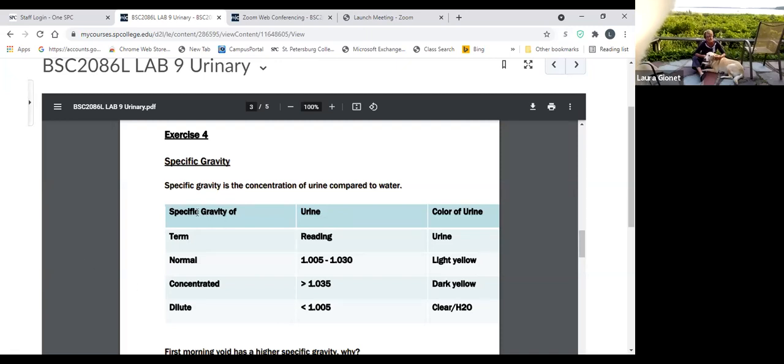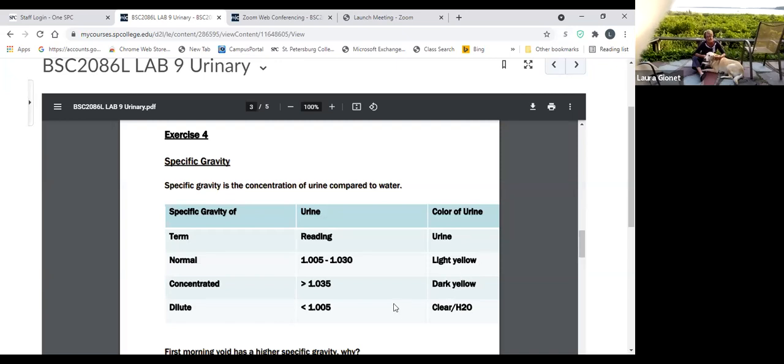So we have the specific gravity of urine, and then the color of urine. We have the term, the reading, and what it might look like, its appearance, over on the right hand side. The normal specific gravity range of urine is 1.005 to 1.030, and generally the color will be a pale yellow straw color.